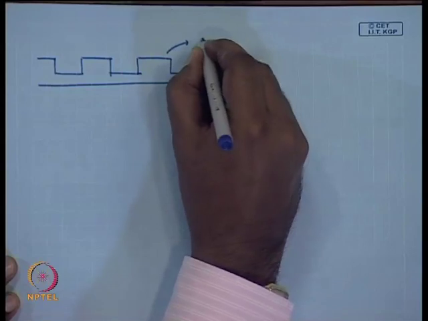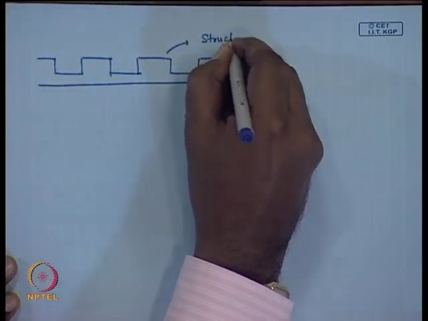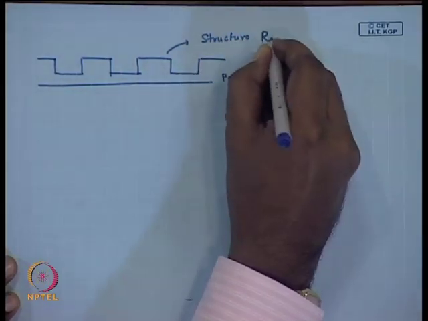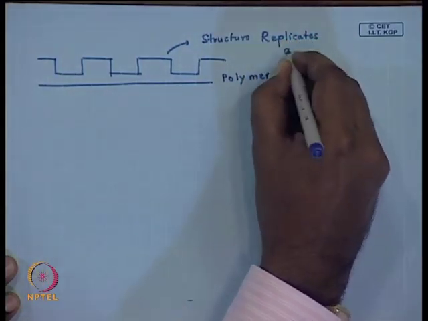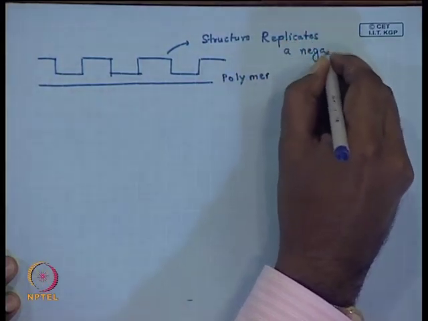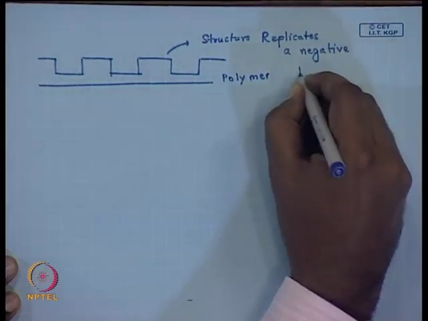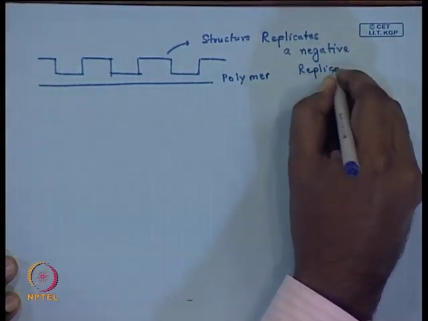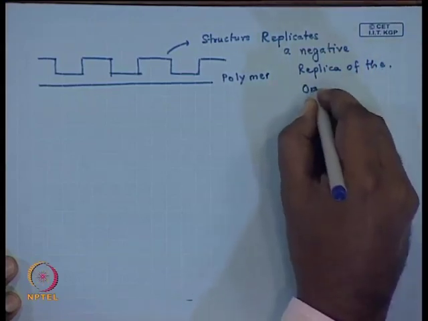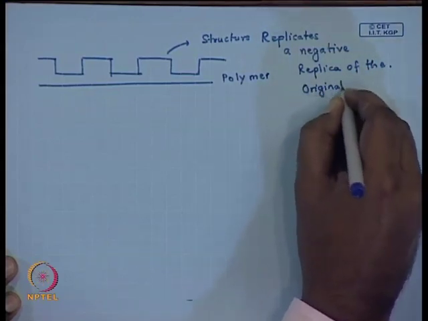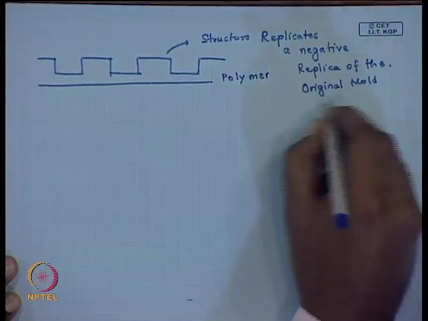The structure replicates a negative replica of the original mold pattern.